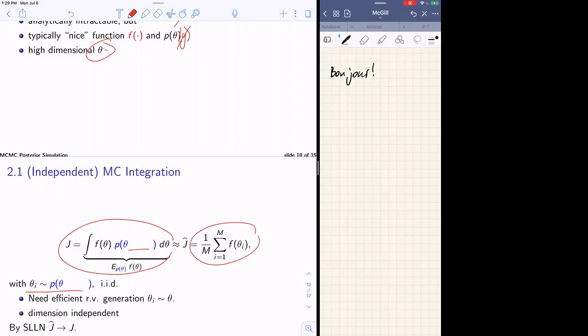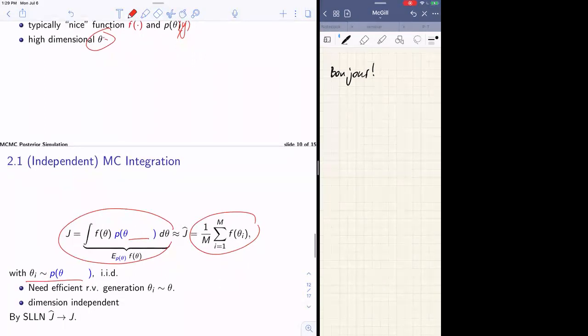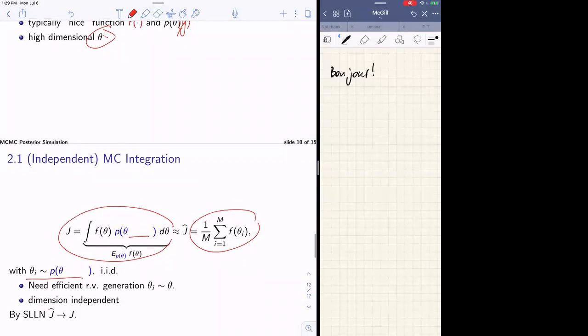So at this moment, we have changed the integration problem to a simulation problem. We can evaluate that sample average on the right-hand side if we can draw an IID sample from the posterior distribution. And if we can do that by computer simulation, we can simulate as many as we want, and then by the strong law of large numbers, we would really get an estimate of the desired integral on the left side.